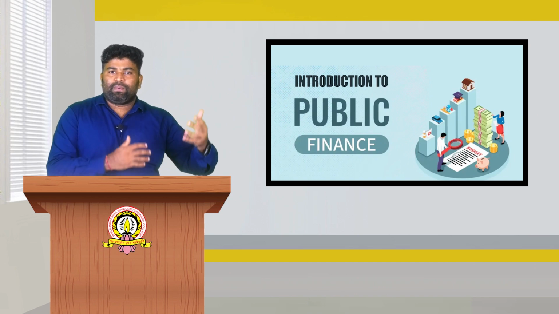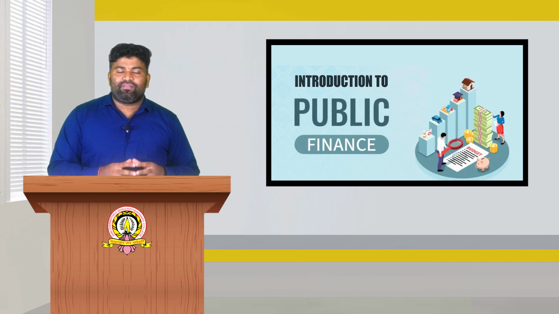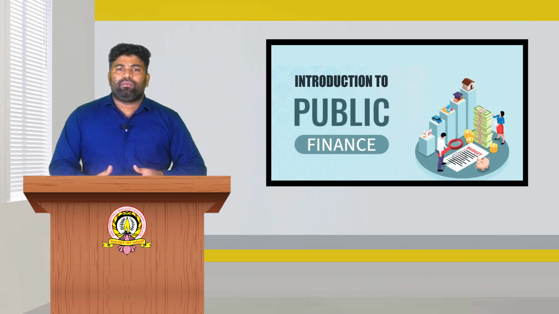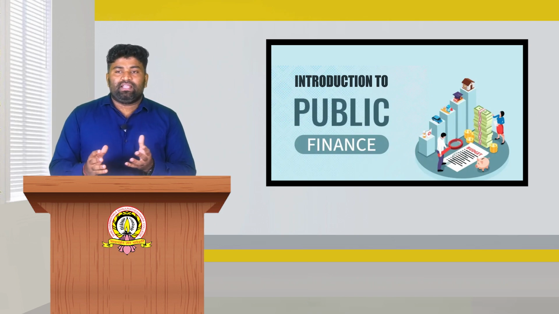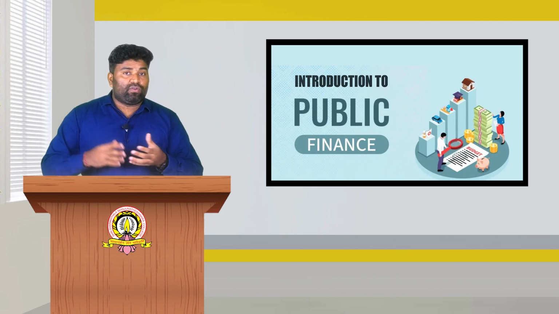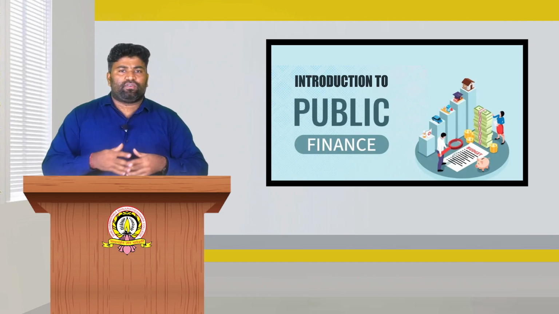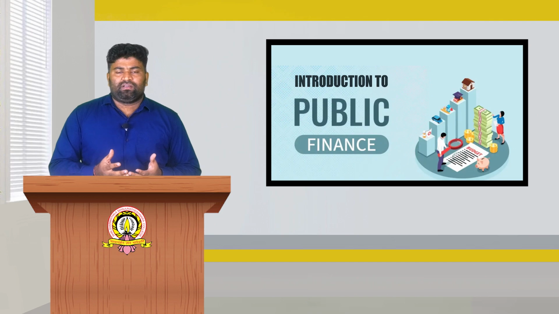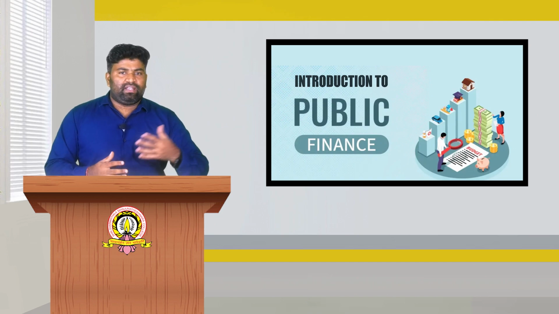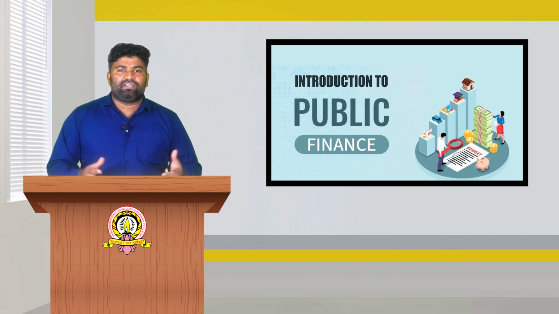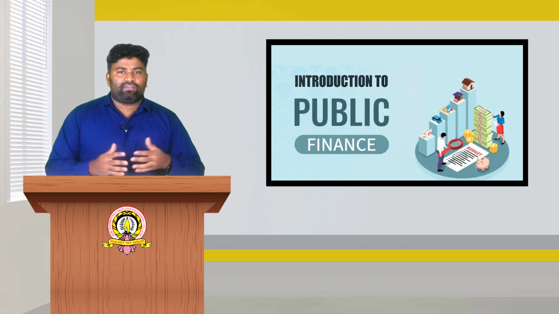In one part government mobilizes its revenue, and in the other part government spends the same amount for the collective welfare of the people. So it deals with areas of government expenditure. If you look at the government budget, government allocates its funds or resources for different purposes, right? For education, for industry, for MSMEs, for road and transport, communication, etc. So this is how government allocates funds for different purposes.